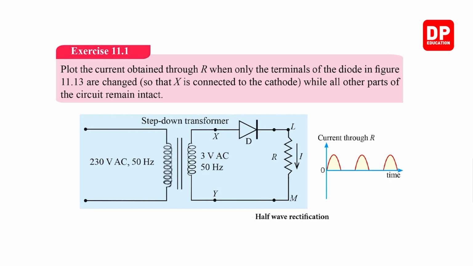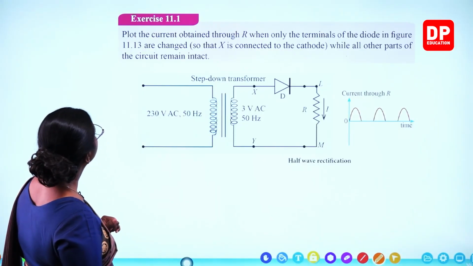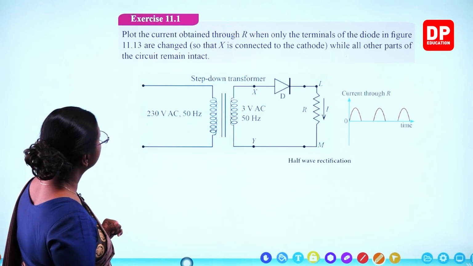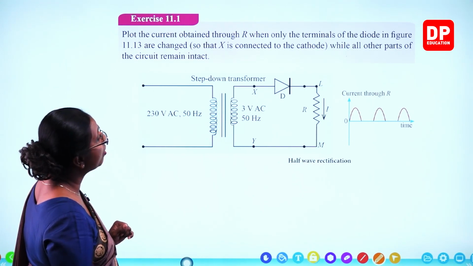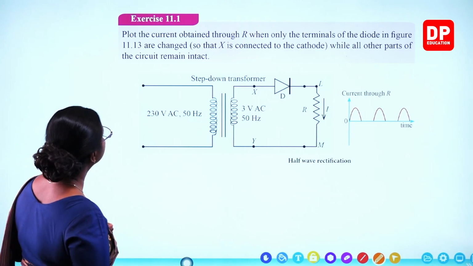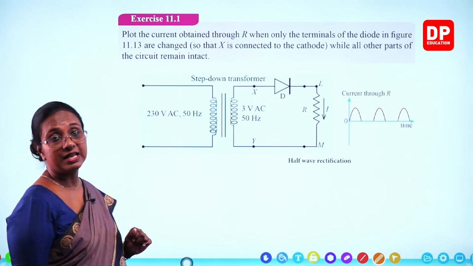So here exercise 11.1: plot the current obtained through R when only the terminals of the diode in figure 11.13 are changed so that X is connected to the cathode, while all the other parts of the circuit remain intact.